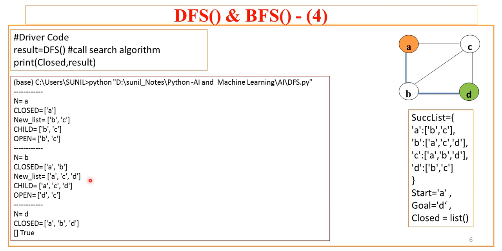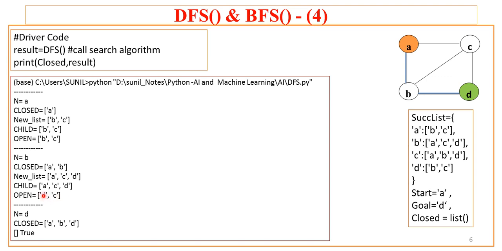That is A, C, D. That is returned by moveGen and given to the child, but from the child whatever there is in the open or closed is removed. Now from this child A is removed, and whatever is left is stored here in the open. So open has D and C.